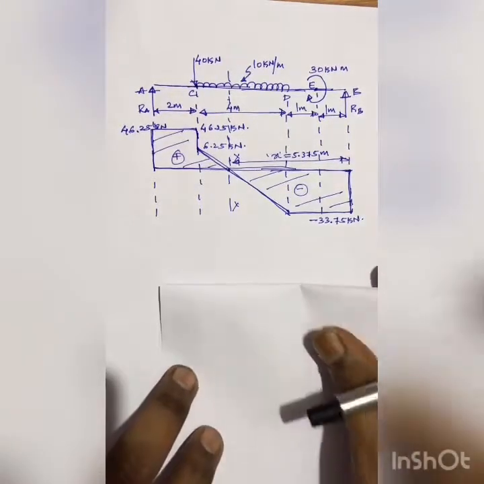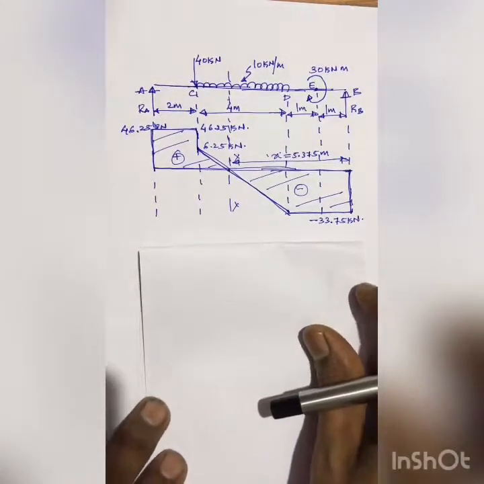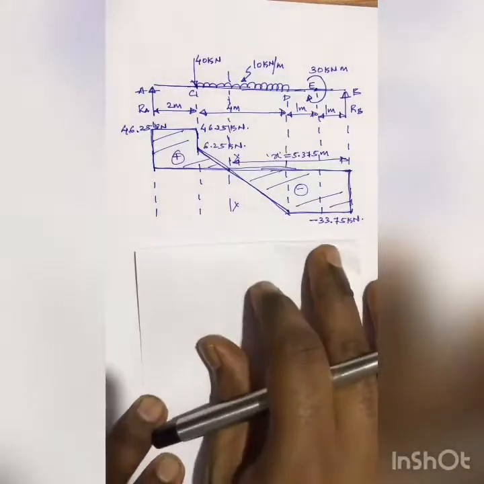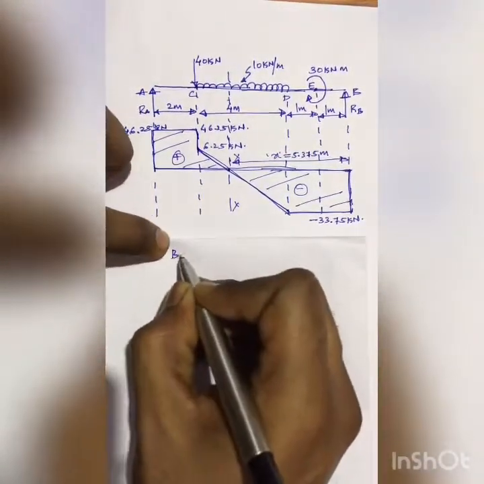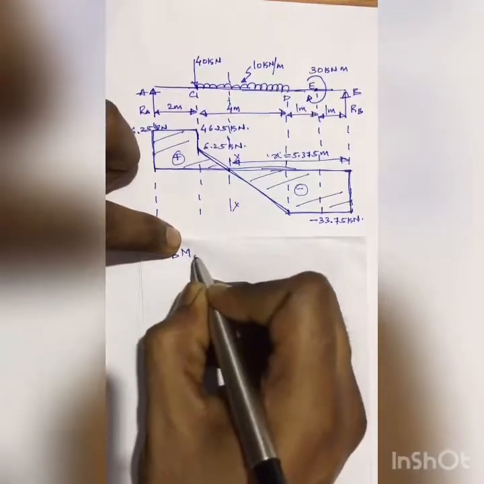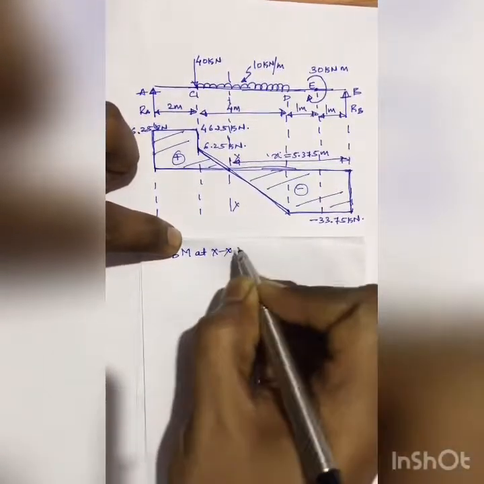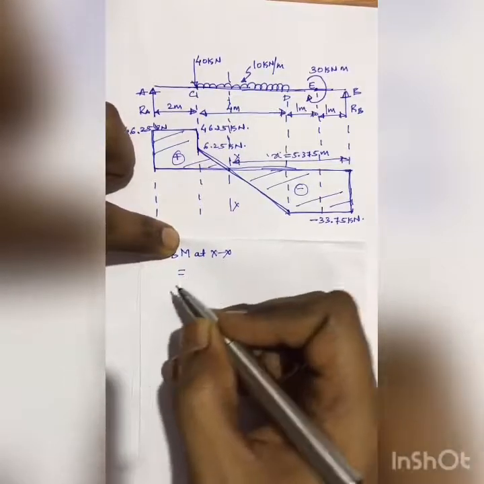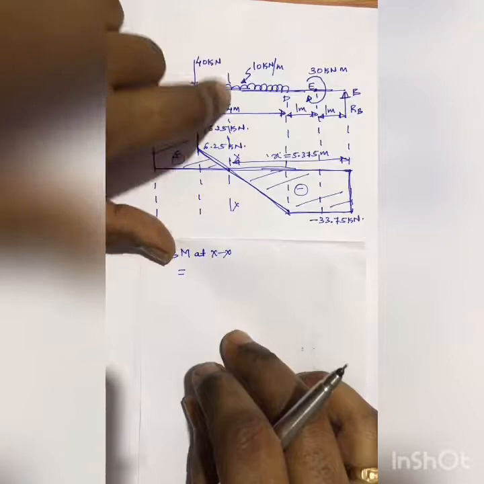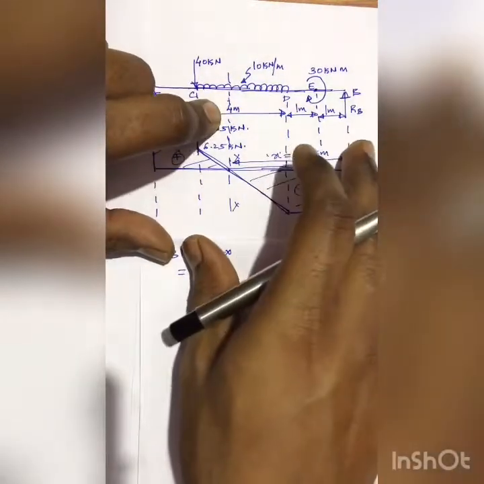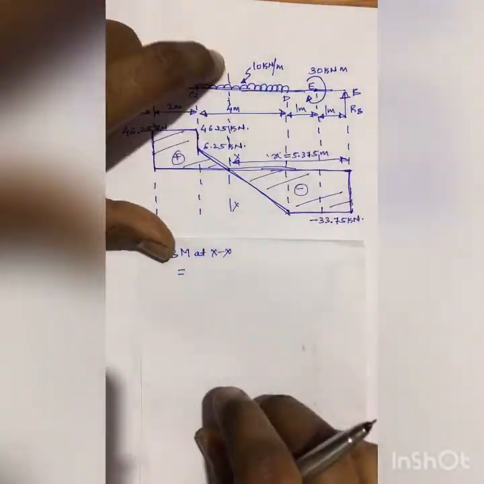So next what I'll do is I'll find out bending moment at XX, that is maximum bending moment. Maximum bending moment at XX is equal to, I'll again consider bending moment due to all the forces that are acting towards the right side of XX.